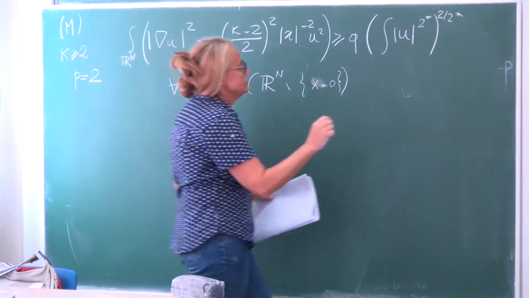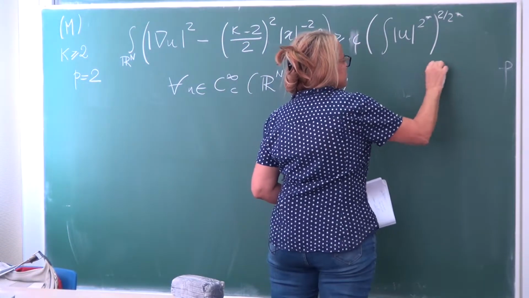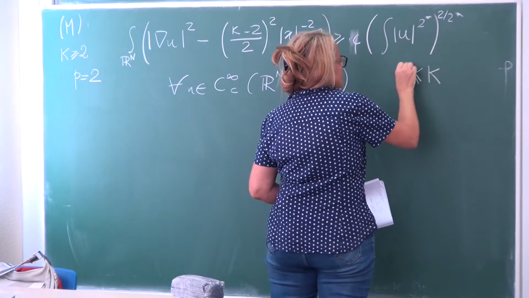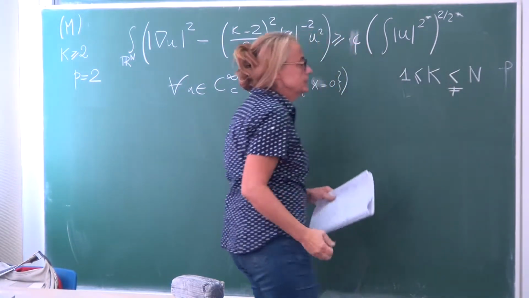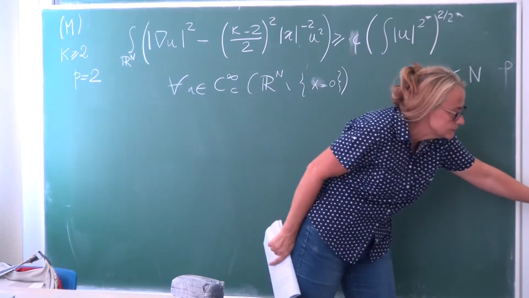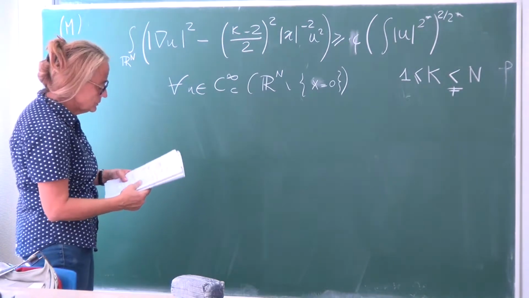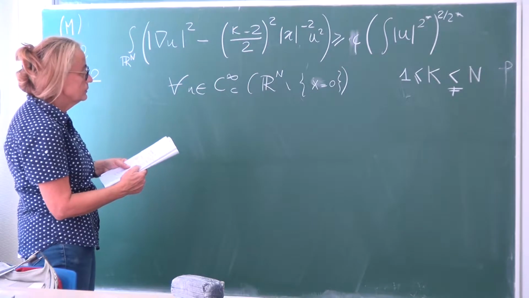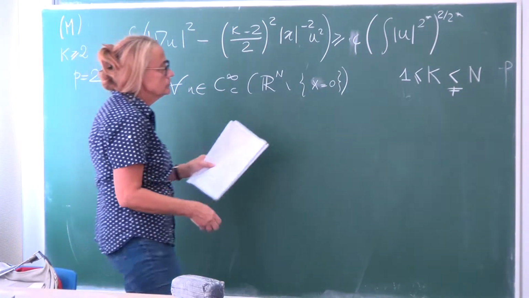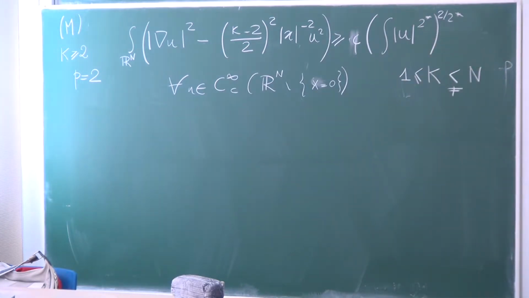What is q in the right-hand side? This holds if k is strictly smaller than n. You can see that this coincides with this when k is equal to 1, of course, because in this case the extra assumption here is satisfied.